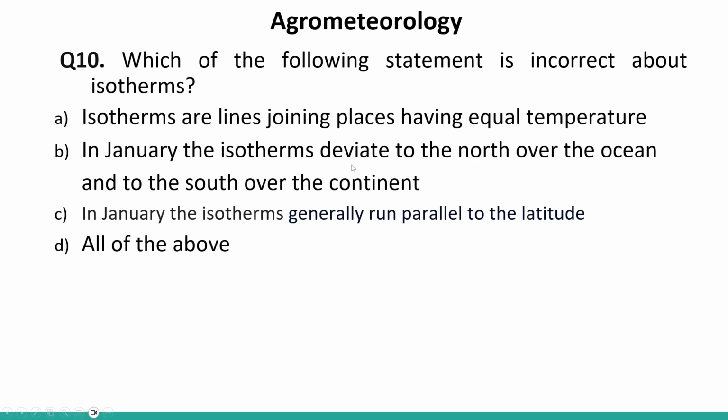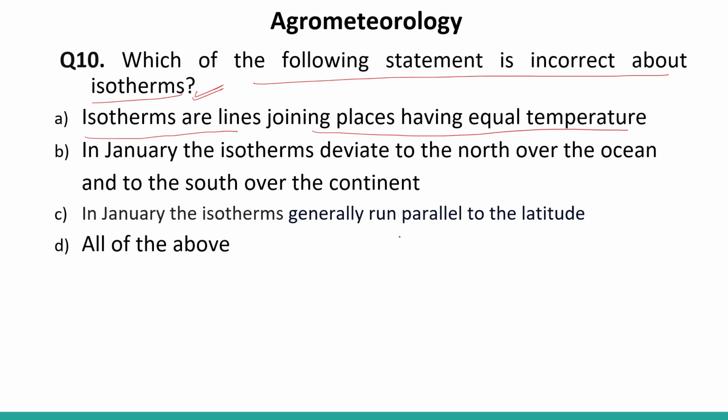Okay, so next question. Which of the following statements is incorrect about isotherms? We have some statements regarding isotherms, and we have to choose the one which is incorrect. Isotherms are lines joining places having equal temperature.